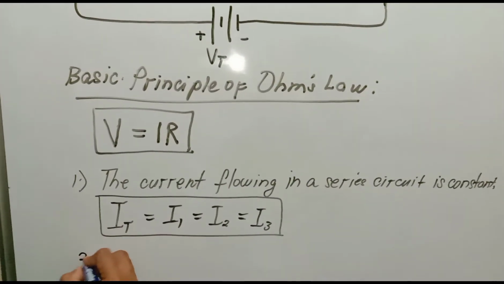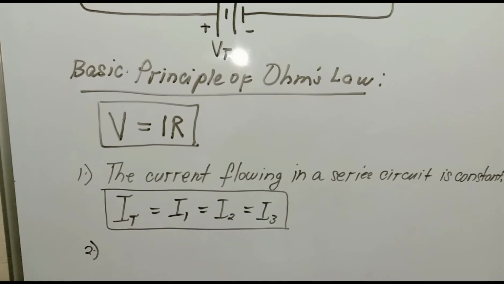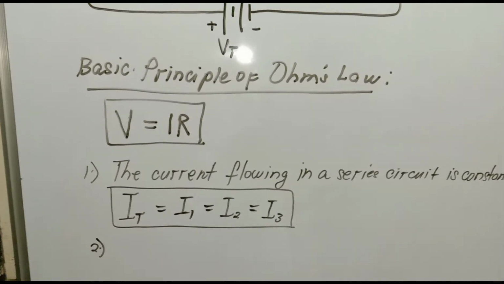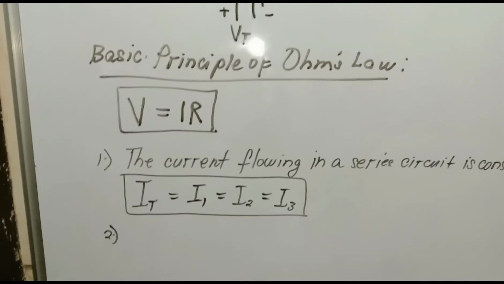Now next, the second property for resistors in series is the total resistance.